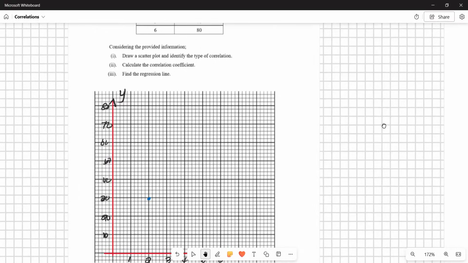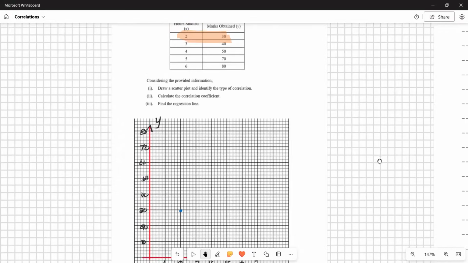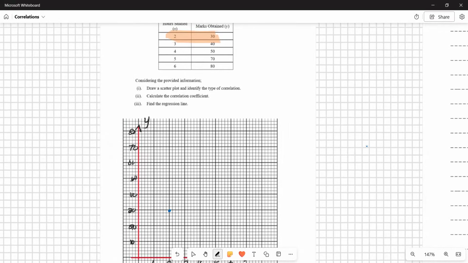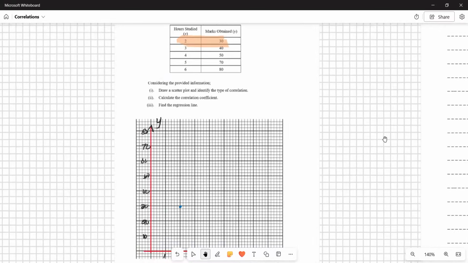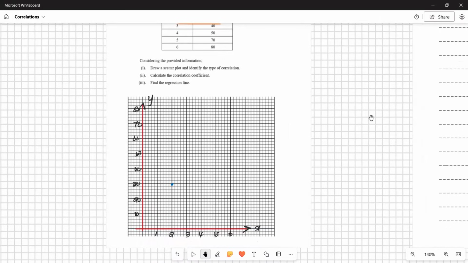Second point, X3, Y40, point here. Now this is okay. X4, Y50, point is here.